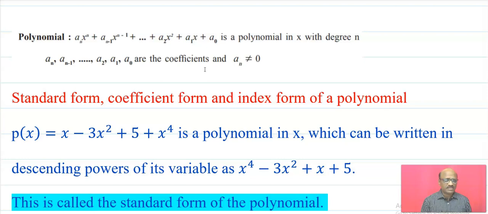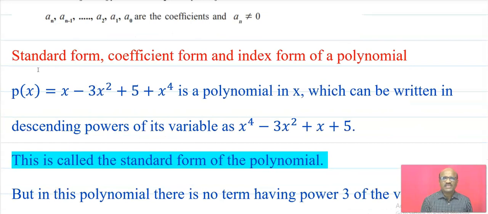And what's happening here? The suffix n a_n is not equal to 0. हे नको 0 पाहिजे. हे जर 0 आलं तर त्याची डिग्री काय होणार? n minus 1 होणार. म्हणून ते 0 नको पाहिजे. Therefore, a_n is not equal to 0. This is the definition of the polynomial.